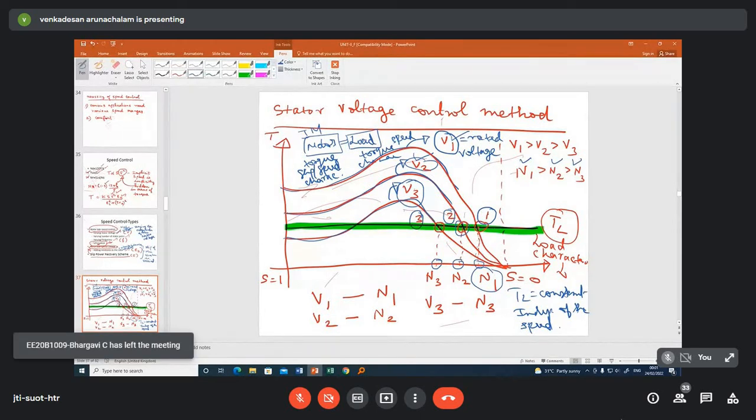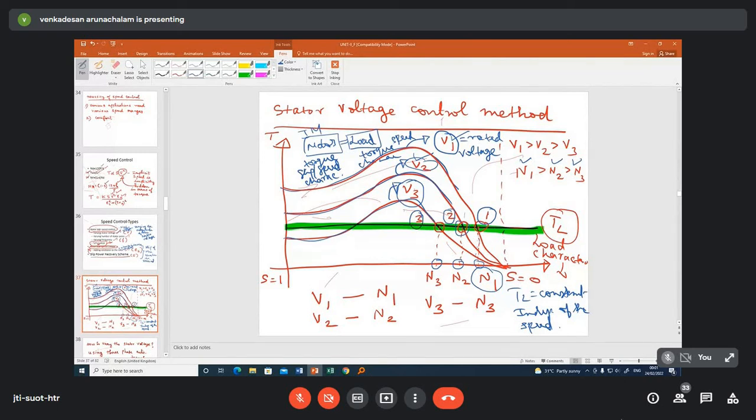When you vary the voltage, the motor can operate at different speed levels, that is N1, N2 and N3. So from this I can say that the speed of the motor can be controlled.